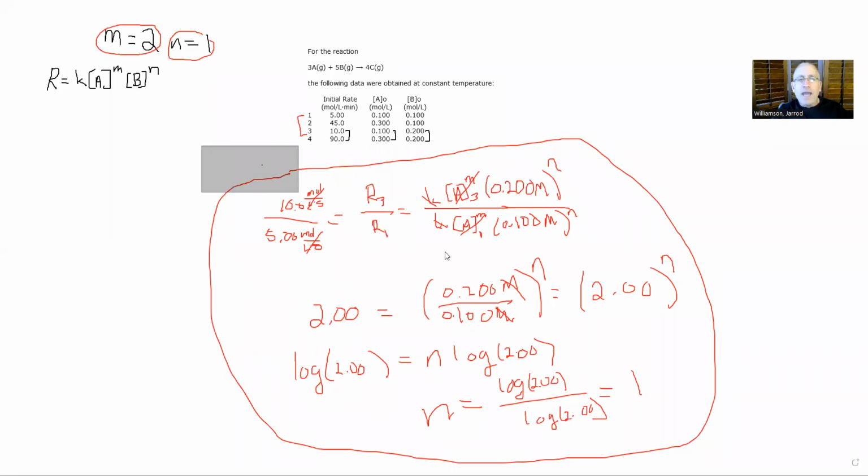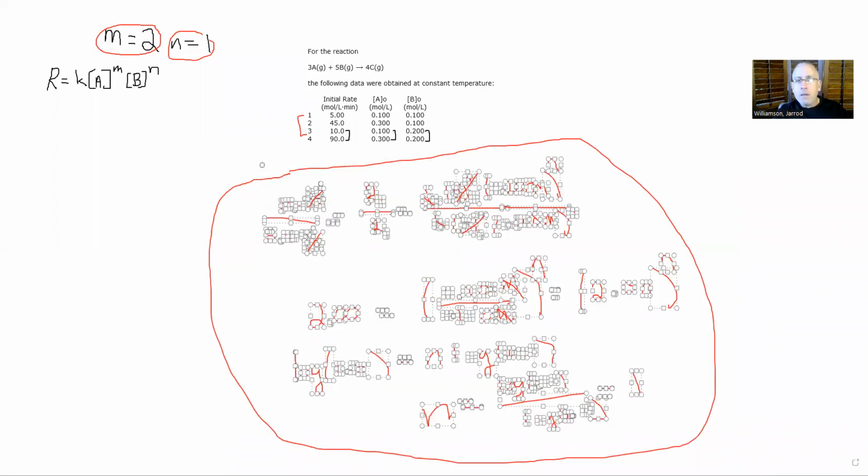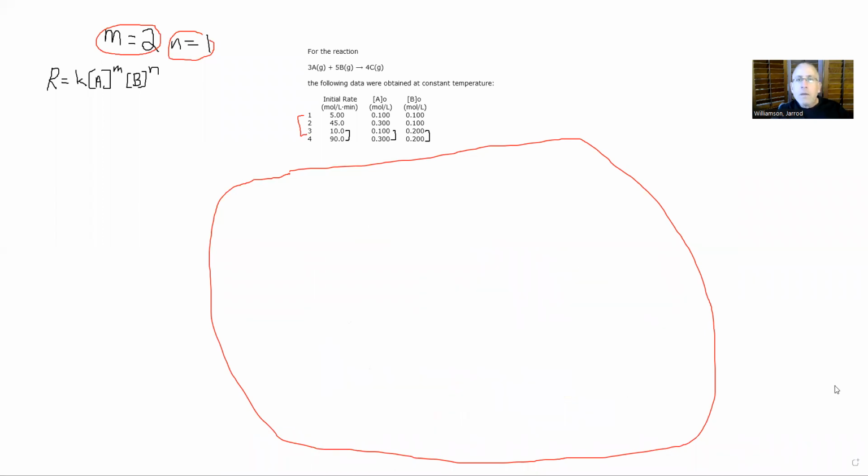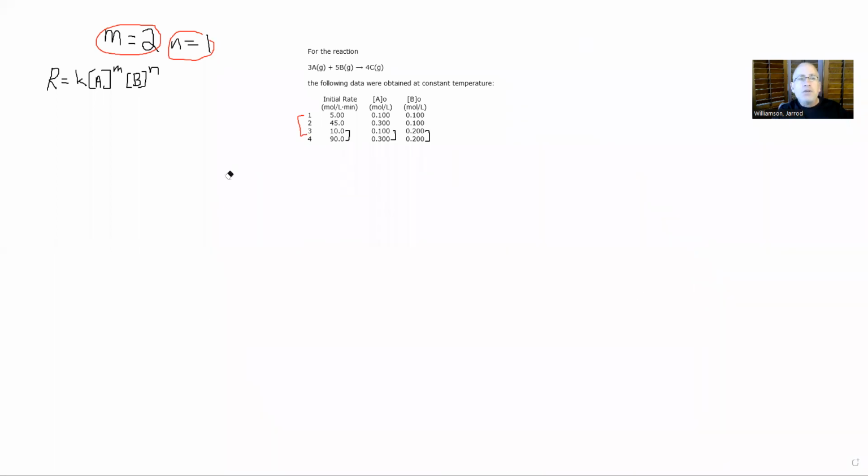Now we have to get the value of K, the rate constant. You can choose any one of these experiments. I'm just going to go ahead and choose the first one. So I know that M is 2. I'll put the 2 there. I know N is 1.